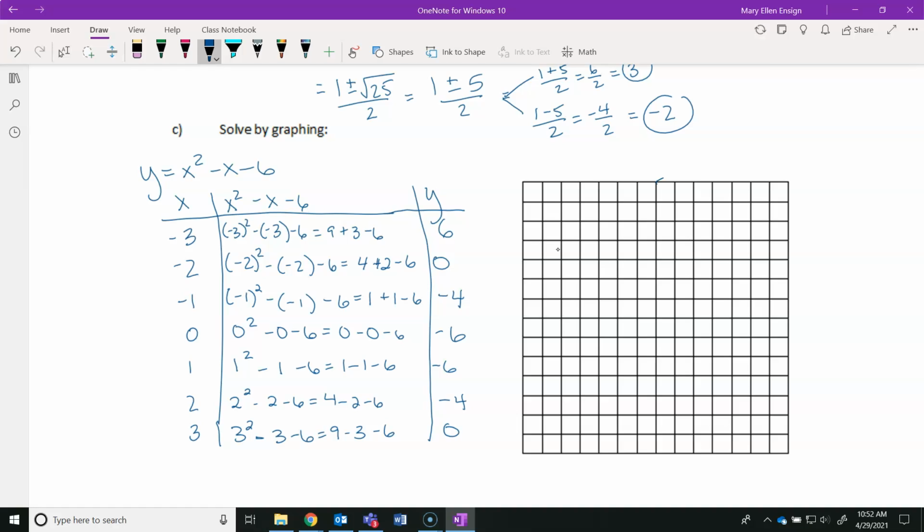So if I go over here and graph these, and again, it's a little tricky for me to draw a nice axis with this little tablet, but we'll do our best here. Okay, and then I'm going to label and go into the negatives on both sides. So I'll just do every other one.